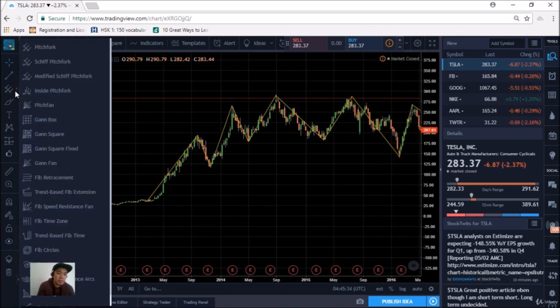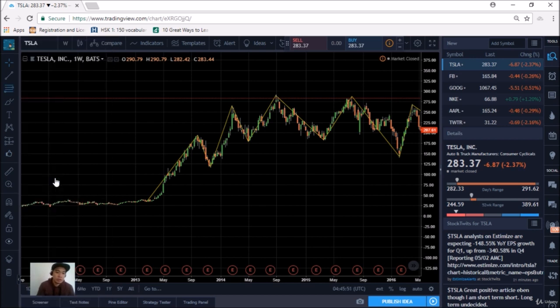For example, in this charting service, it's called Fibonacci retracement. You can see that there are a lot of types of Fibonacci, and you want to choose Fibonacci retracement. So you want to do Fibonacci retracement analysis.